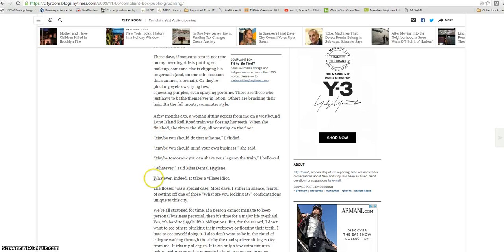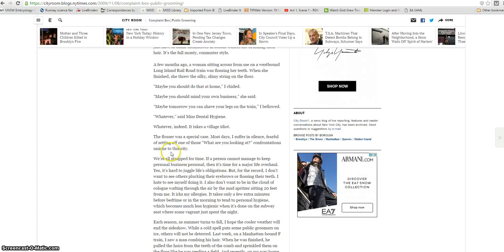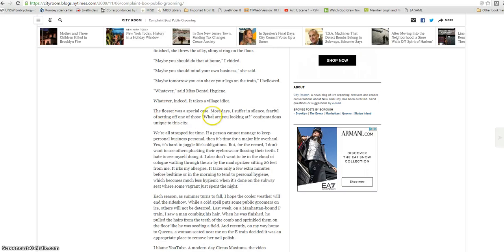Each line is separate. It's a new paragraph when you have a new speaker. And she gives her name, Miss Dental Hygiene. I think that's beautiful. Her verbs are nice. You can tell chided to bellow. So you can feel this increased sense of frustration and anger. Okay. And so then she kind of summarizes the situation.